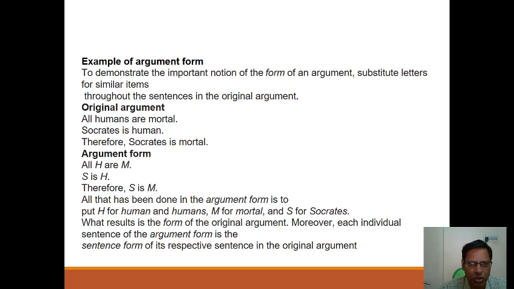All that has been done in the argument form is to put H for humans, M for mortals and S for Socrates, which results in the form of the original argument. Moreover, each individual sentence of the argument form is the sentence form of its respective sentence in the original argument.